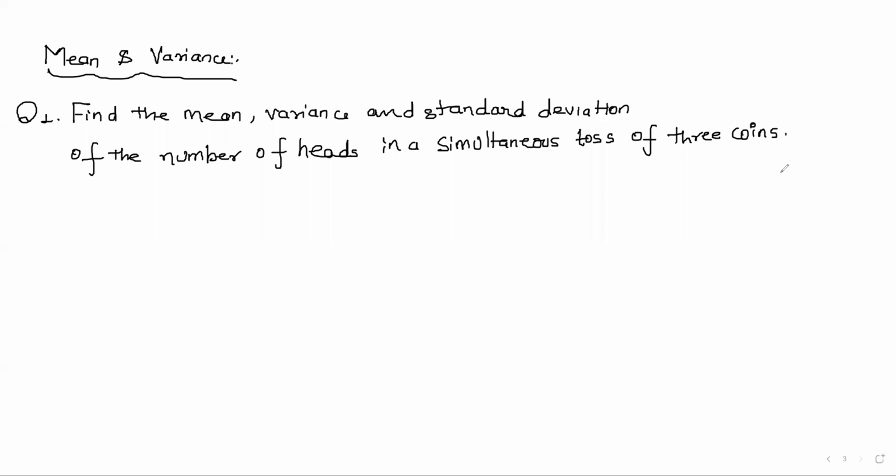Okay, please try this question. First of all, form a probability distribution. Form a table of probability distribution. Then I will tell you, Zephyr, the formula of mean, variance and standard deviation.